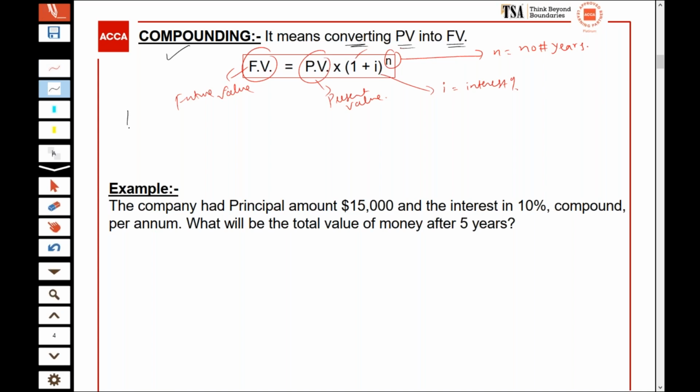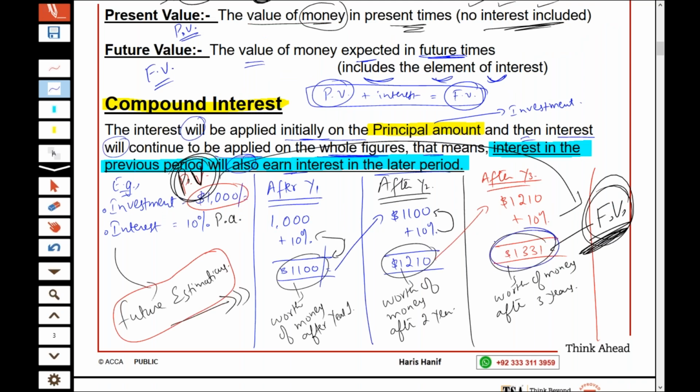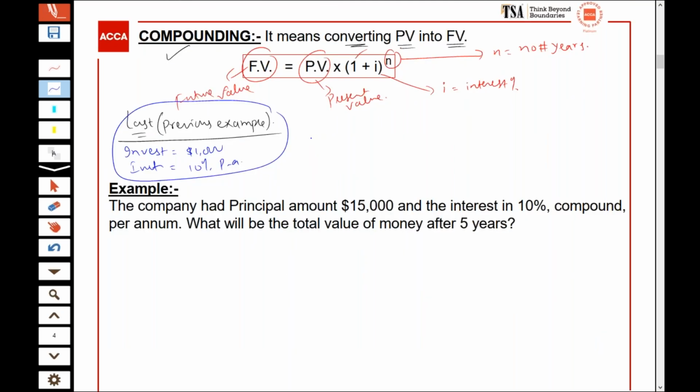See, in the previous example, your investment was, sorry, 1,000, I guess. Yes, it was 1,000, and your interest was 10% per annum, and just see the figure 1331 after 3 years. So I will apply this formula: future value is equal to present value, that is 1000, multiplied by 1 plus 10%.